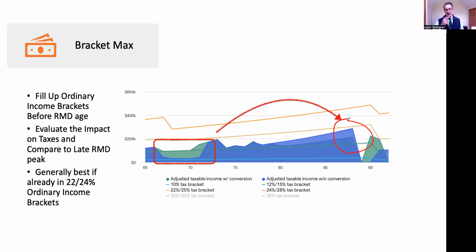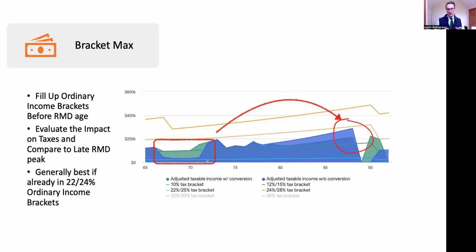However, keeping in mind that each of these conversions also results in immediate taxation. So comparing what we'd be paying up front versus what we'd be saving in the back end, simple math, we can compare now. So when does this generally work out to be the benefit?